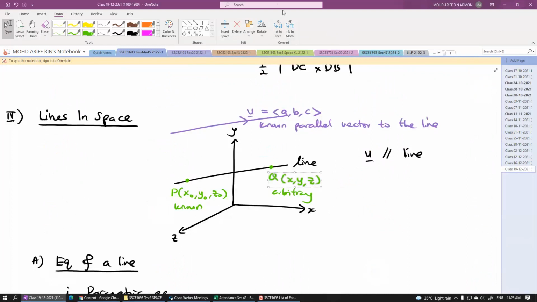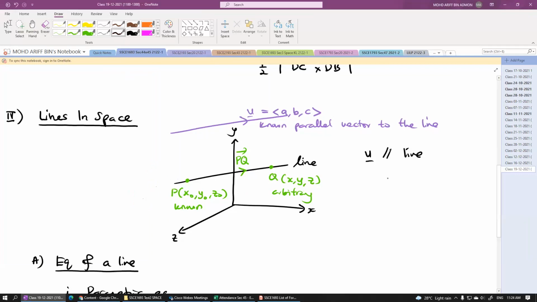That's why you can get this vector PQ. If Q is on the other side, you get the direction PQ to the left. It doesn't matter, but for the sake of this illustration, I consider Q located here.